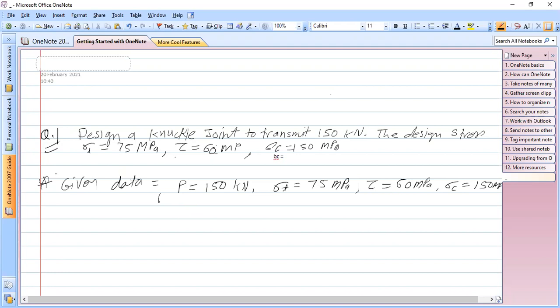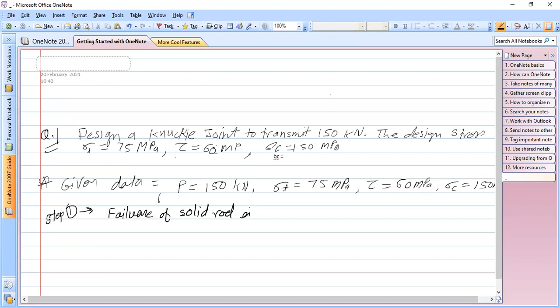So as we discussed, what is our step 1? Our step 1 is failure of the solid rod in tension. Using this, we have the equation sigma T is equal to P upon area.